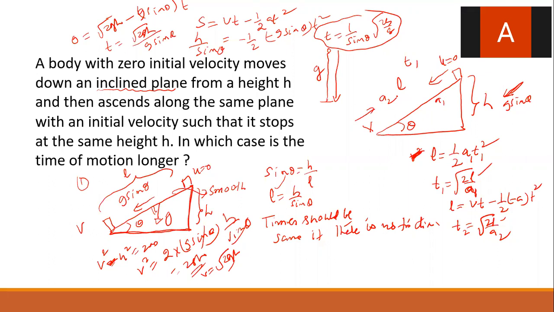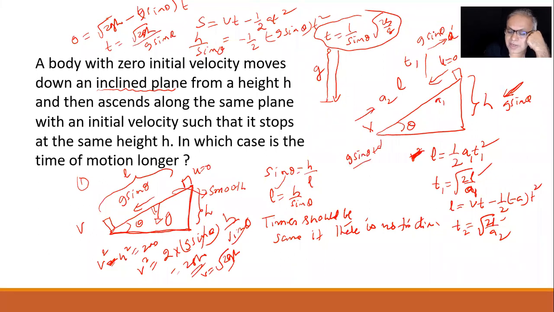Look, I'll tell you. g sin theta is anyway downwards. So while coming down, there is another acceleration because of friction, some a dash. So g sin theta is down, a dash backwards. So the net acceleration is g sin theta minus a dash downwards. Going up, g sin theta is down, a dash is down. So the deceleration is g sin theta plus a dash.